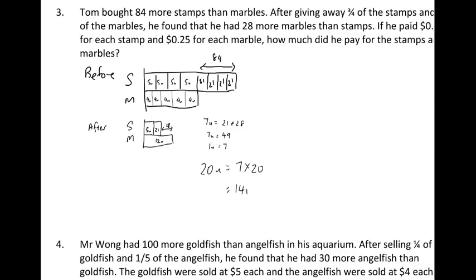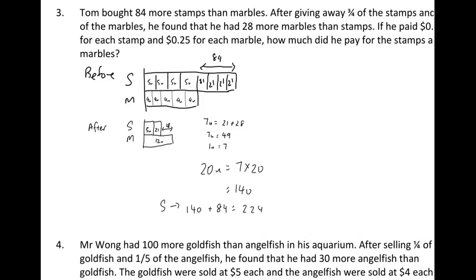So this 140 will be for marbles, right? If I want to find stamps, stamps will be 140 plus 84 equals 224. And then marbles will be 140, right?